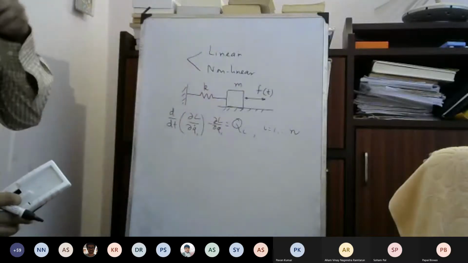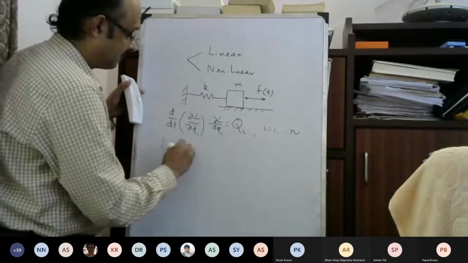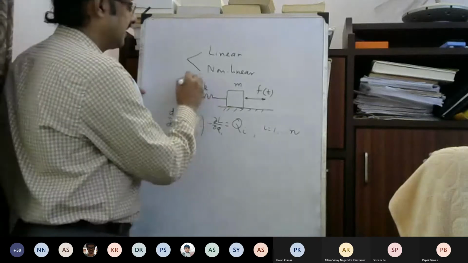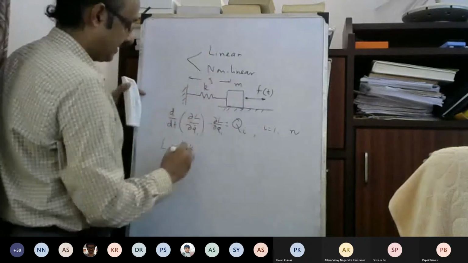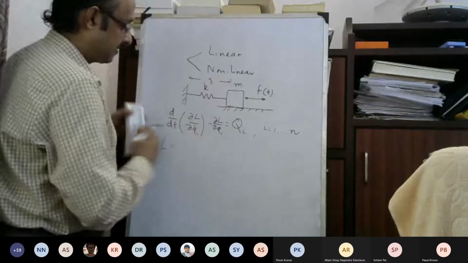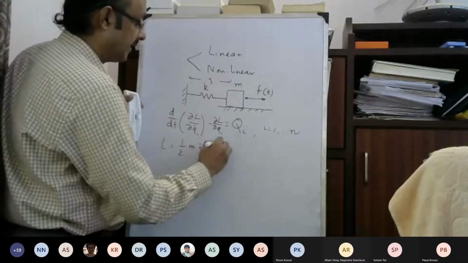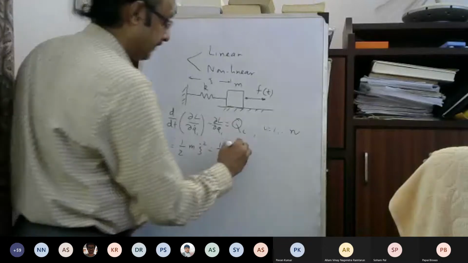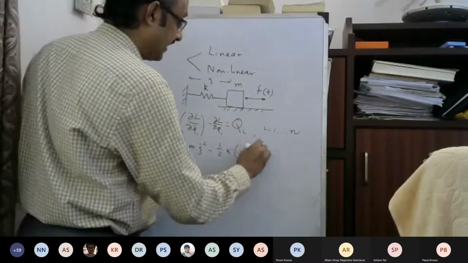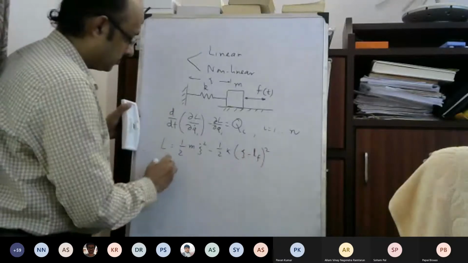Now here in this case, L will be equal to half m zeta dot square minus half k (zeta minus Lf) square. And what is Q?